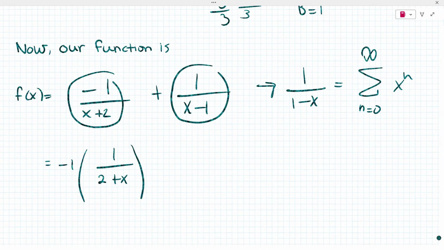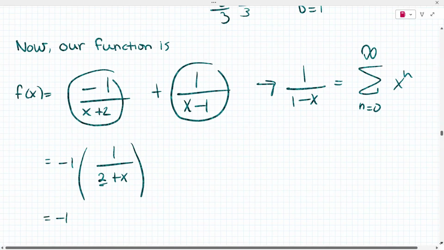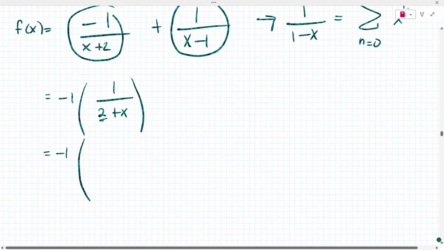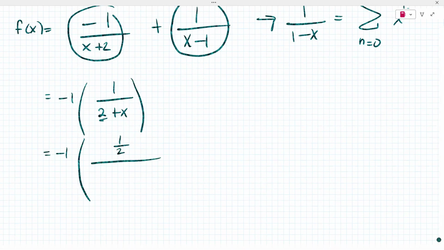And somehow I want to make this 2 into a 1, so I'm going to have to divide everything by 2. This is going to be 1/2 over 2 over 2 plus x over 2.